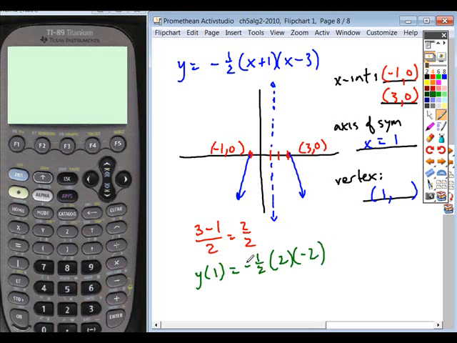And so the negatives cancel, half of 2 cancels, so I wind up with a 2. Would that be consistent with what you would expect to see? Yeah, it fits all the other tendencies that you were expecting to see. And so you can label your vertex up here, (1, 2), and you are finished.